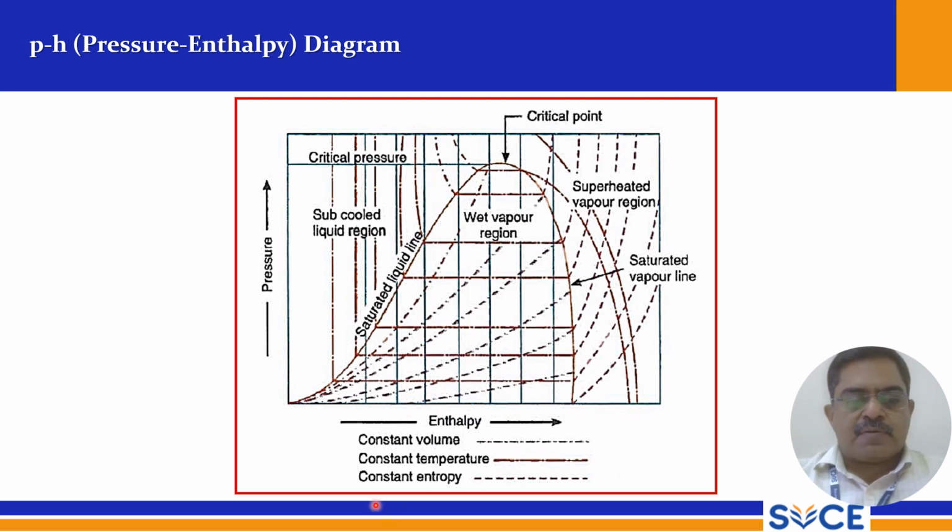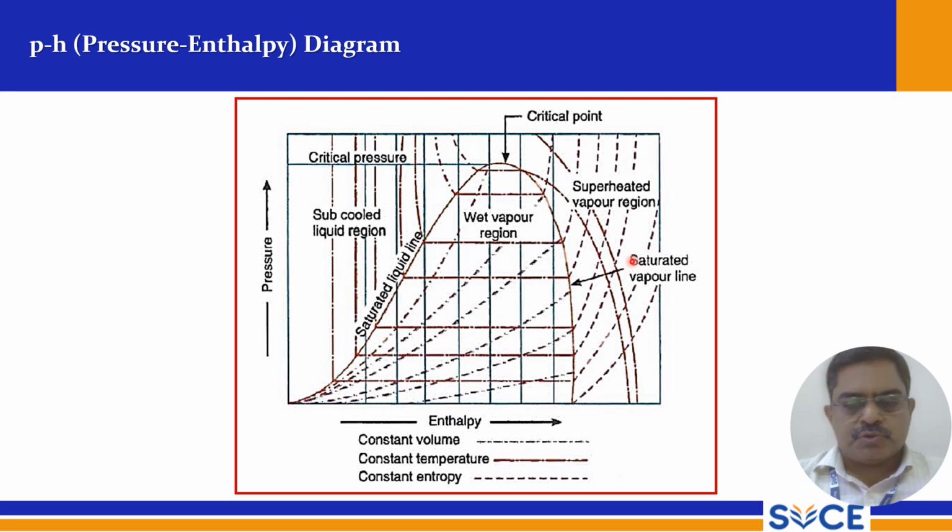Now we have the constant entropy lines. These are the dotted lines, students. So these are the constant entropy lines. There is a chart known as the pH chart, and that chart is required to solve a few of the problems.